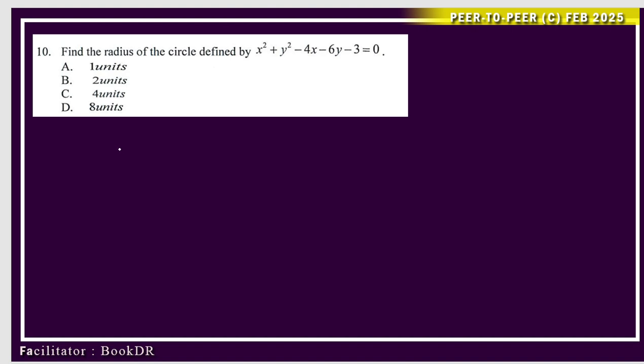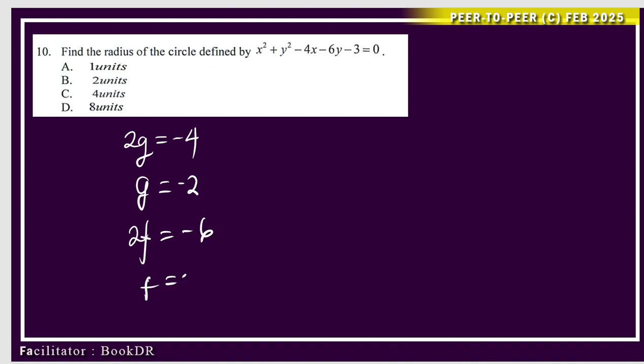Comparing, we can see 2g is equal to minus 4, which implies g is equal to negative 2, and 2f is equal to negative 6, so f is equal to negative 3. The center is (minus g, minus f). So this implies our center will be (2, 3).